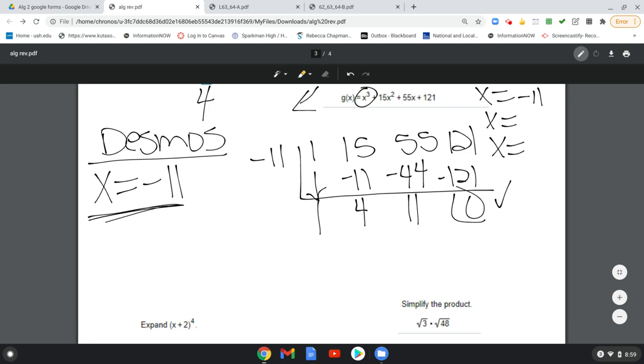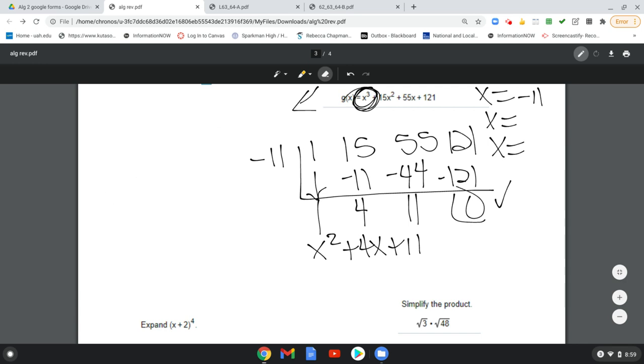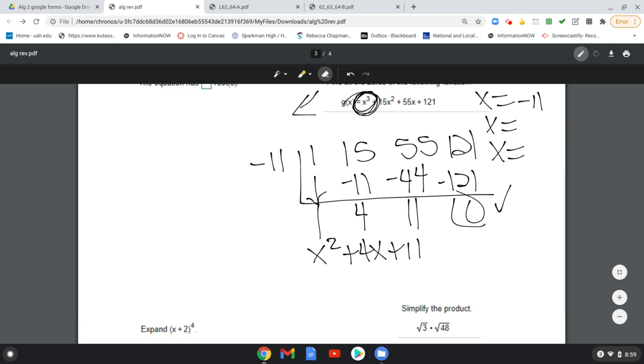So I'm going to take this problem, that would be x squared plus 4x plus 11. I know we start with x squared because the original problem had an x to the 3rd, and the answer to that synthetic division is always 1 degree less. So now, since that does not factor, there are no factors of 11 that would give me 4, I'm going to have to do my quadratic formula.